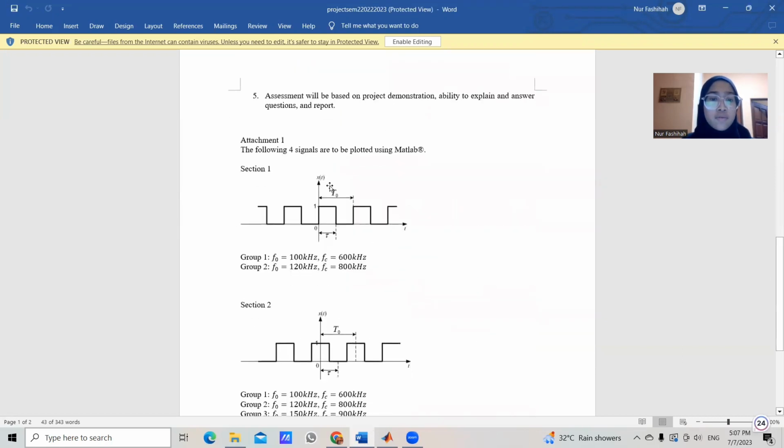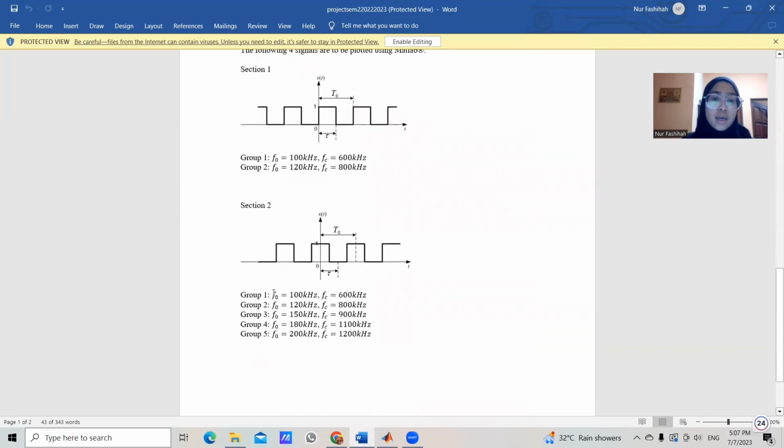Okay. For the F naught, my group is 120 kilohertz, and for the FC, 800 kilohertz.